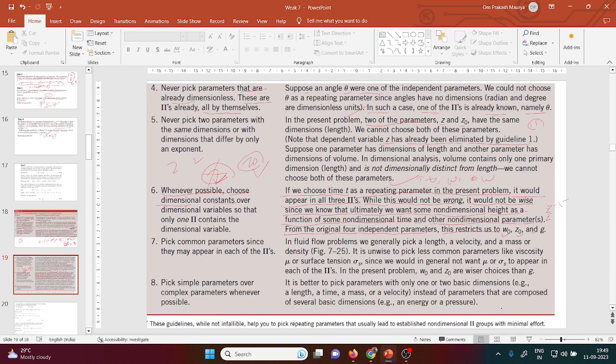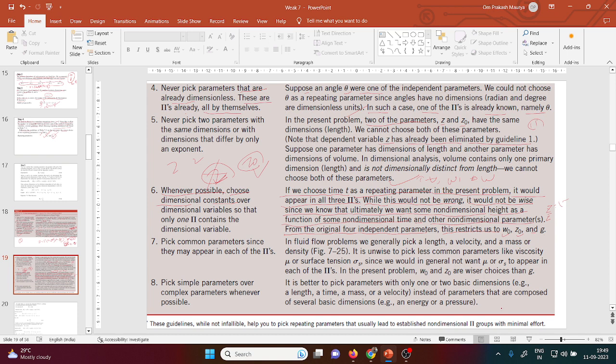So ultimately we want some non-dimensional height as a function of some non-dimensional time and other non-dimensional parameters from the original four independent parameters. This restricts us to W naught, Z naught and G.